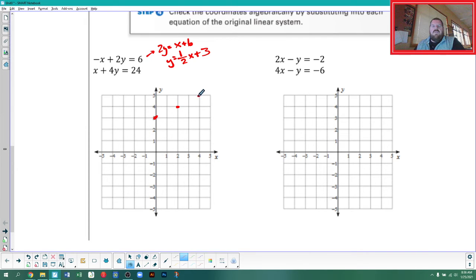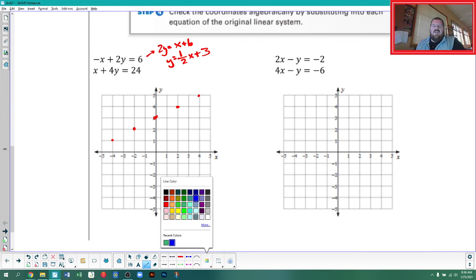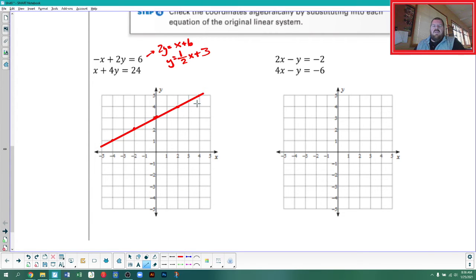Up 1 over 2. Down 1, back 2. Down 1, back 2. And so we do see that my x-intercept would be -6 right back here. Most of the time it's probably just as good to leave your lines pointed out like that. I think that's an okay strategy, but I do like to see that line on there.